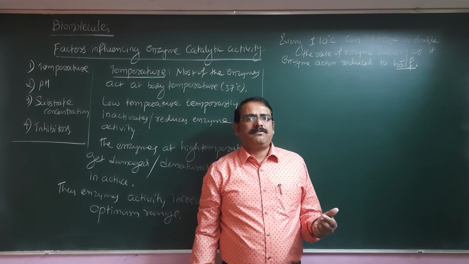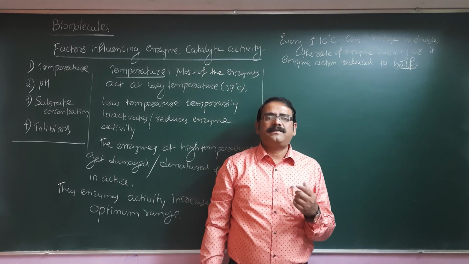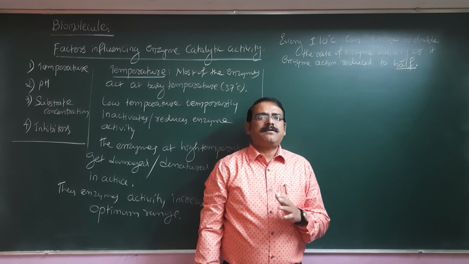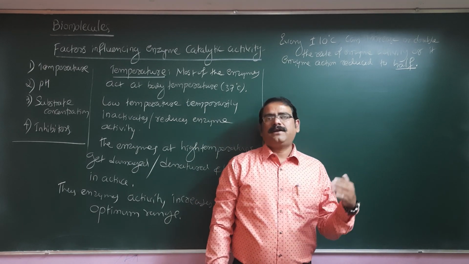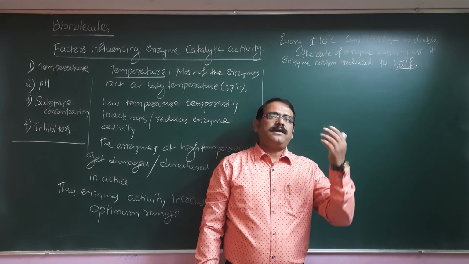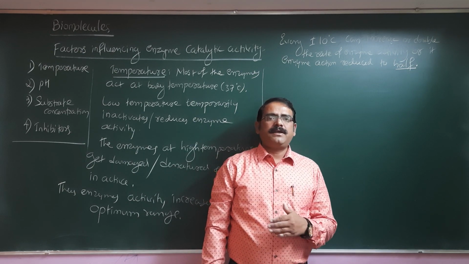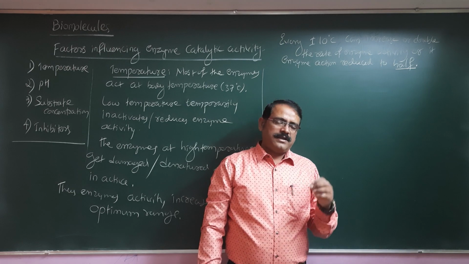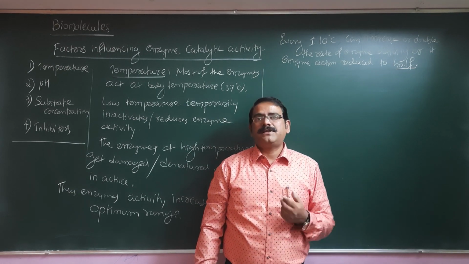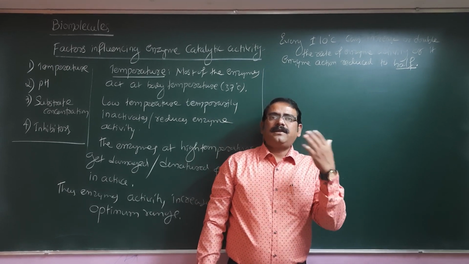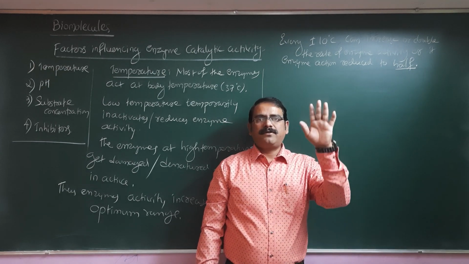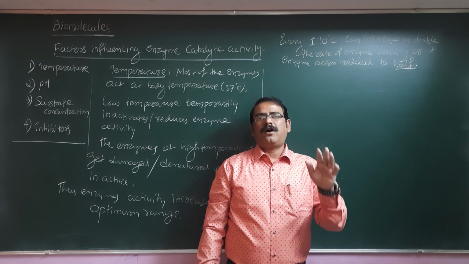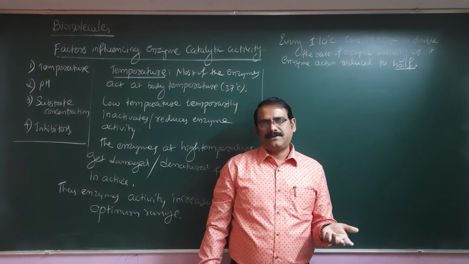the metabolic pathways. Under such a situation, what happens? There may be a favorable temperature range, as the enzyme is thermolabile, it is heat sensitive also. With a rise of 10 degrees centigrade, there may be a sudden increase in the enzyme activity, or there may be a chance that the increase in temperature also damages the enzyme, and then enzyme activity may fall to half of its actual efficiency or activity.